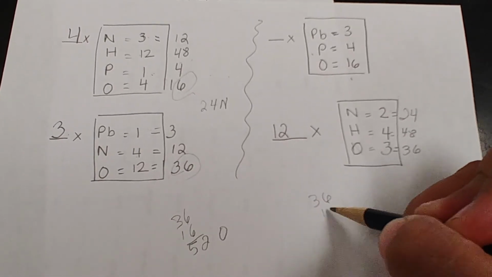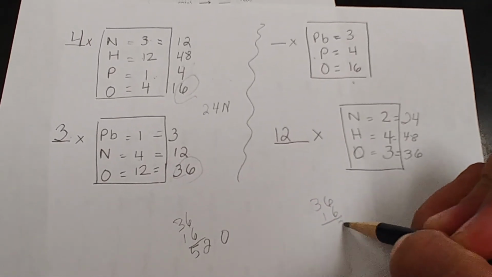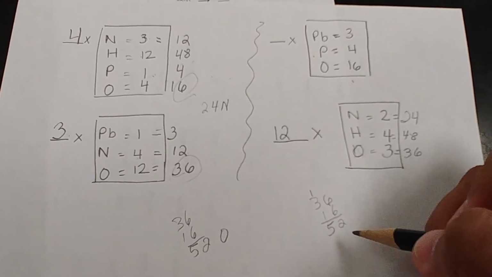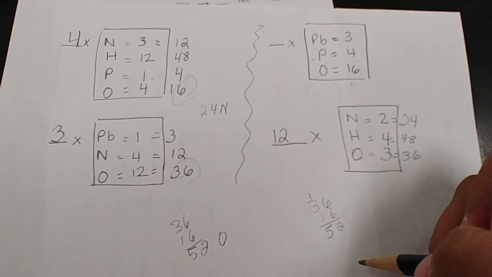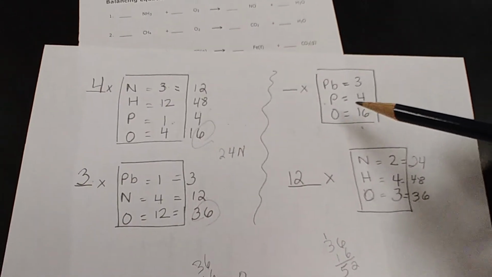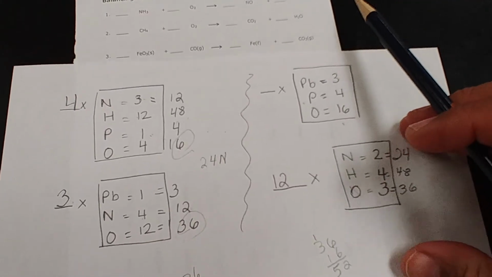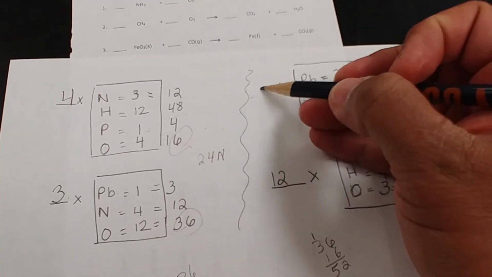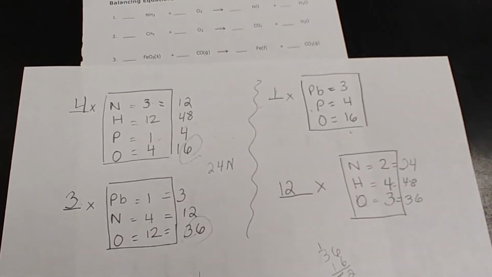So 36 and 16. That's going to give me a total of 52 as well. So those are balanced. If we look at all the other elements, you're going to find out that they are all balanced and that they all have the same number of atoms on both sides.